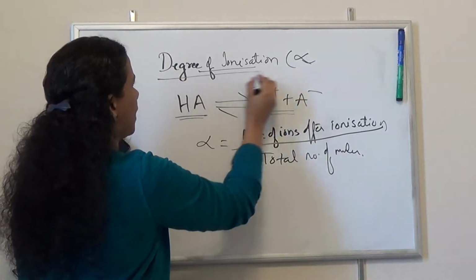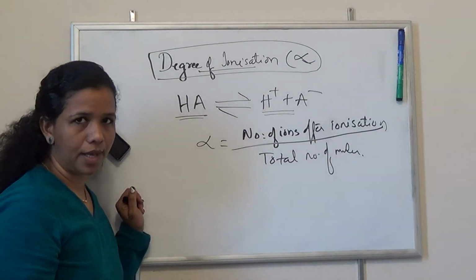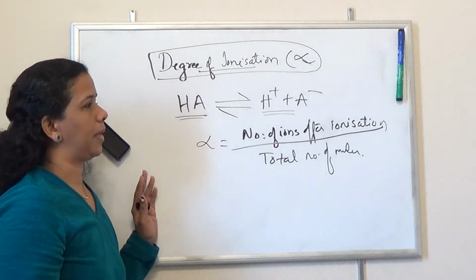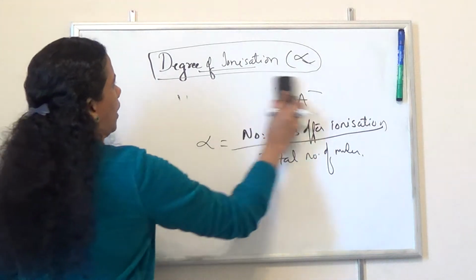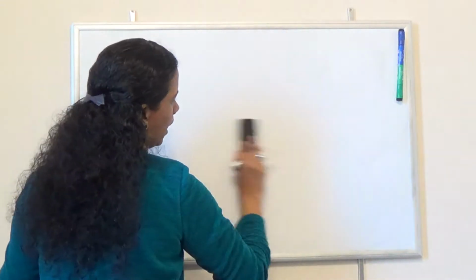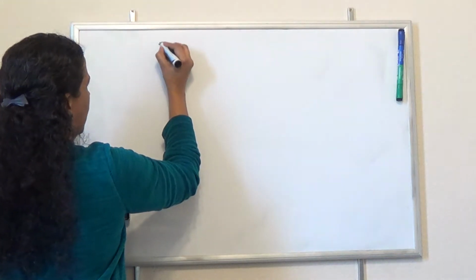From the extent of ionization, from alpha, we can say whether it is a weak base or a strong base. So we are going to study the dissociation constant or equilibrium constant for weak acids and weak bases.